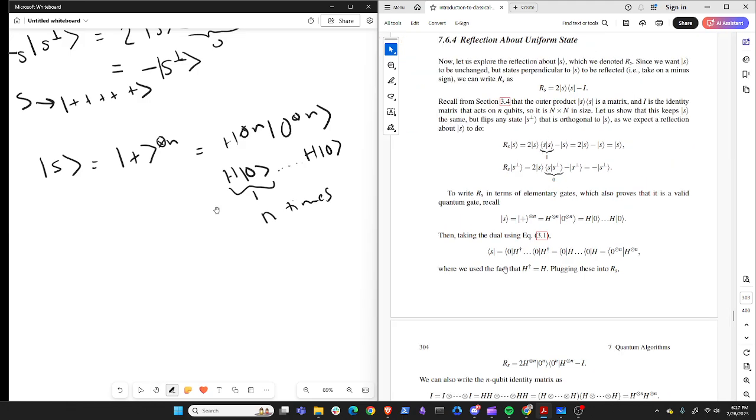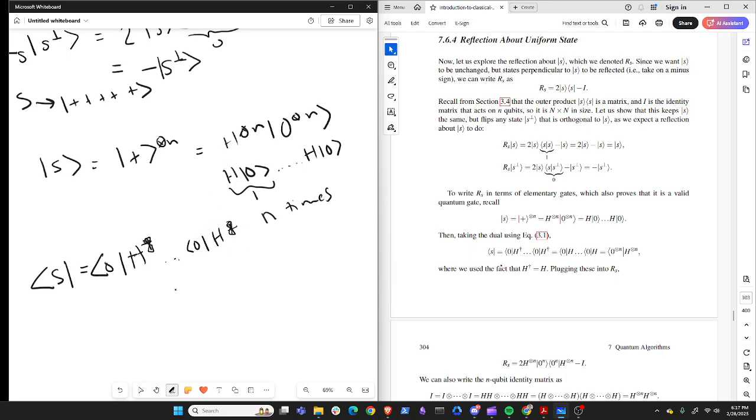So we'll take the dual, which is equal to the bra state 0 of the conjugate transpose of the H gate. My terrible, looks like a stick figure, but conjugate transpose.